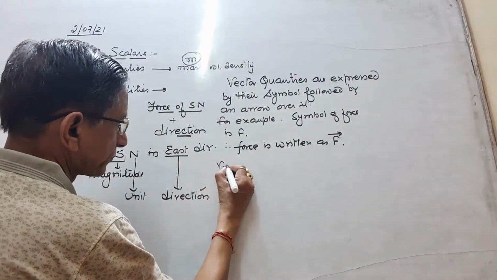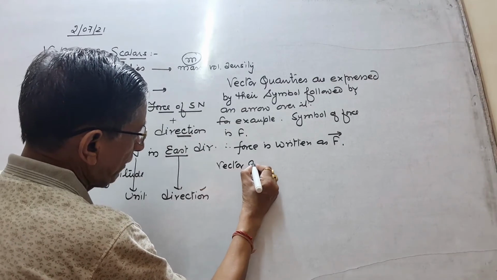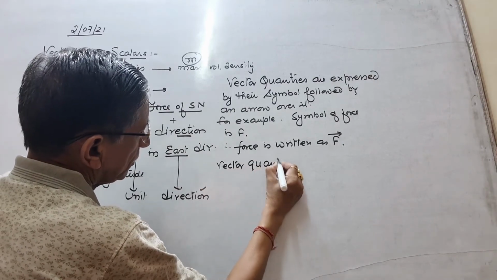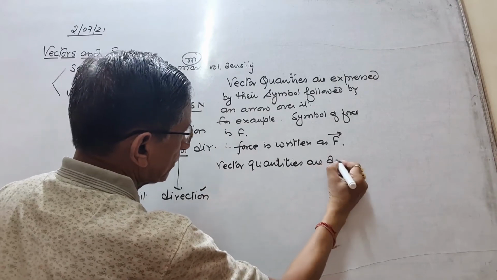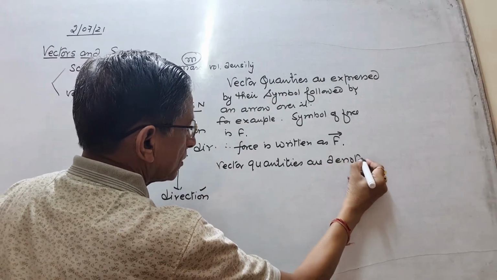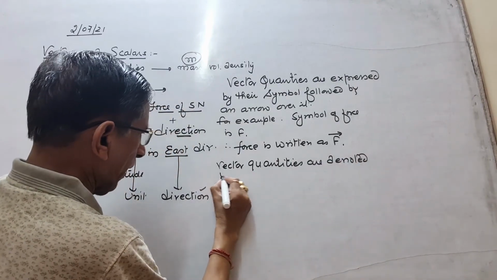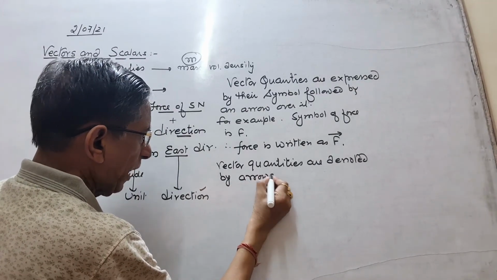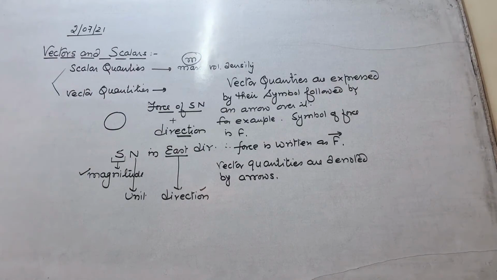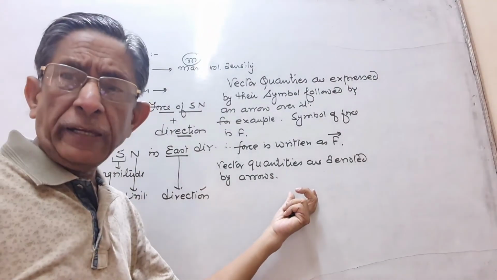Secondly, vector quantities are denoted by arrows.